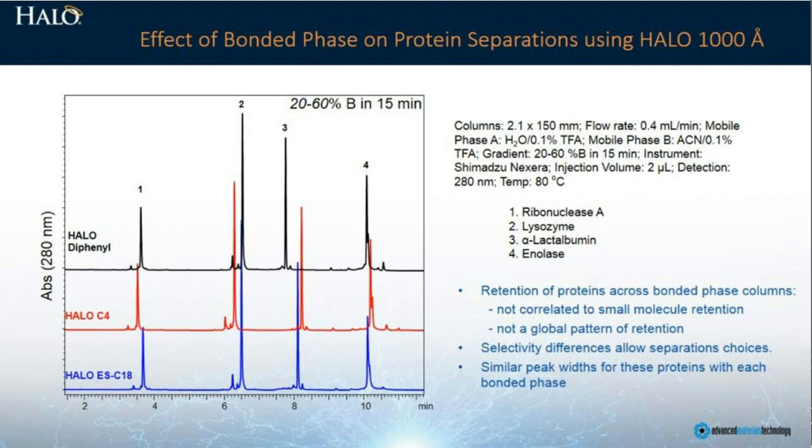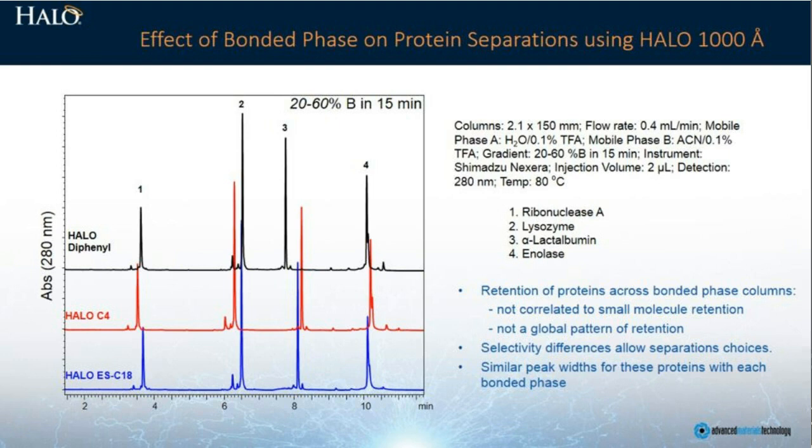When you look at protein separation, globally, they look pretty similar. They all clearly support good retention for protein separations and gradient elution. There are subtle differences in the selectivities as you compare this aromatic bonded phase to the 2-alkyl bonded phase.